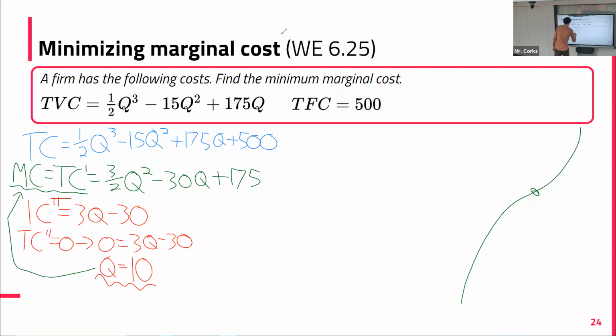So when Q is equal to 10, our marginal cost is 3/2 times 10 squared, minus 30 times 10, plus 175.